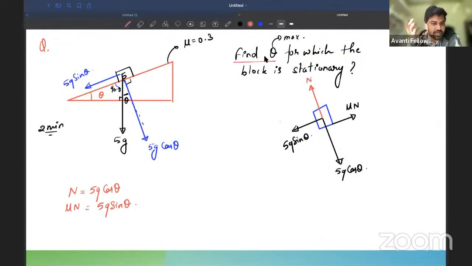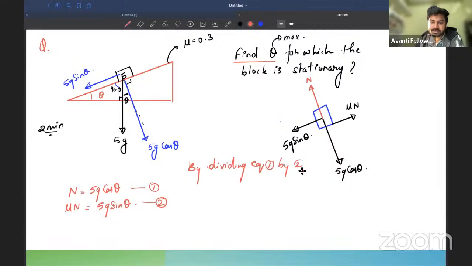So there is no work of n, we will divide it. This is equation first, this is equation second, by dividing equation 1 by second. When we divide, what will happen? n upon mu n is equal to 5g cos theta upon 5g sin theta.